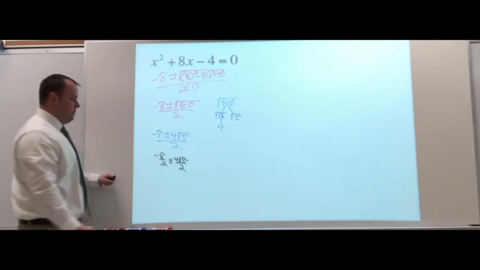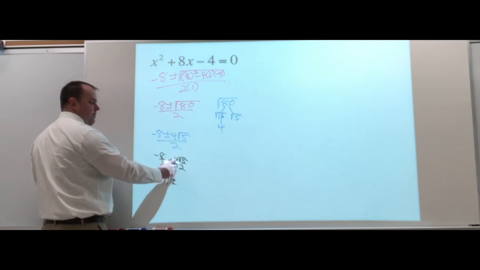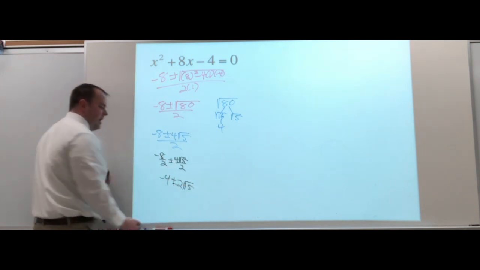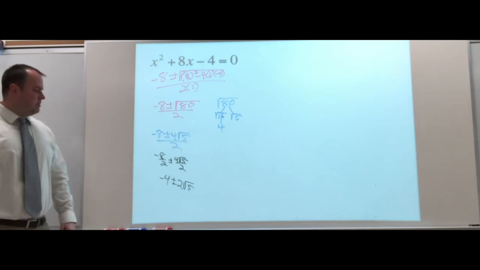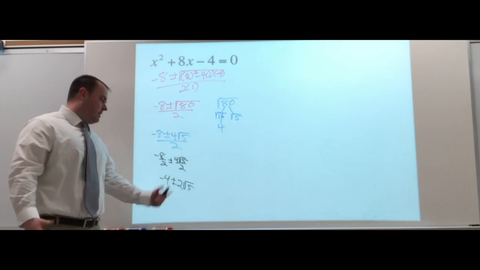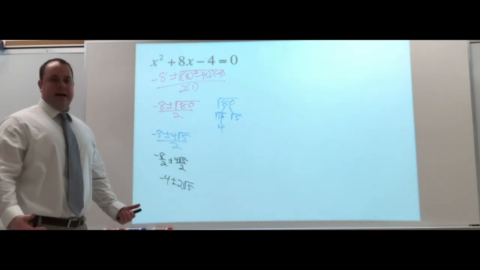Negative 8 over 2 gives us negative 4. 4 over 2 goes to 2, so we're going to have 2 square root of 5. Negative 4 plus minus 2 square root of 5. All right, so again, not a nice looking answer, but it's simplified as much as we can. It's an exact answer.